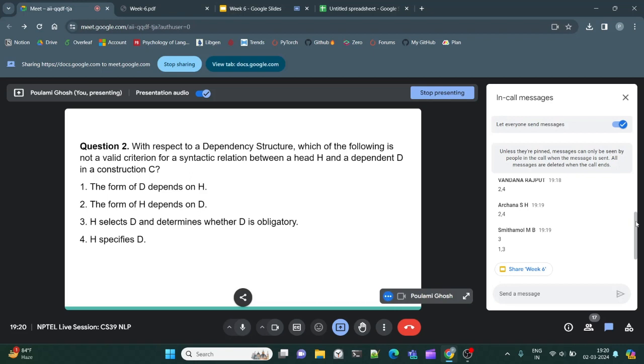According to the criteria of heads and dependents, the form of dependent depends on head. So the first option is true. The question here asks for the invalid criteria.